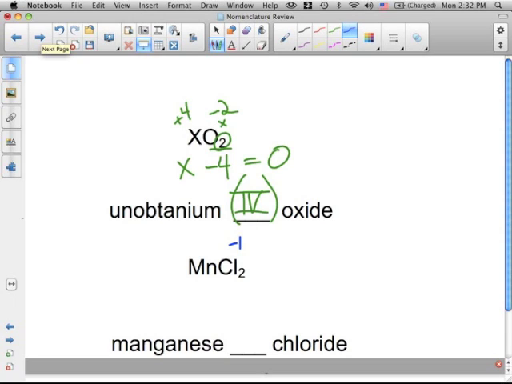I have 2 chlorines. -1 times 2 is -2. Manganese is unknown, but I know that when combined together, X plus a -2, or X minus 2, is equal to 0. So this must be manganese 2 chloride.